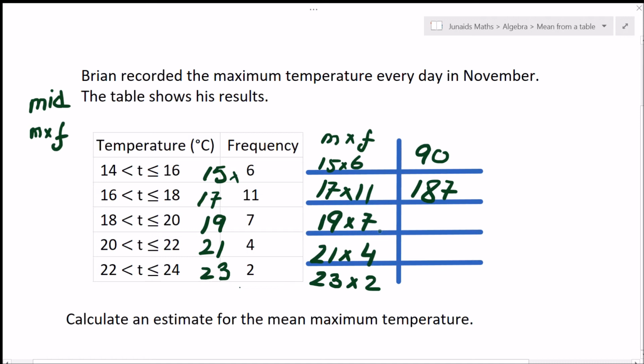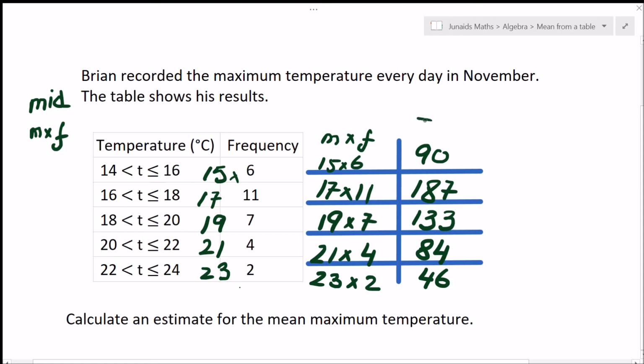The next one is 19 times 7, that is going to give us 133. And the next one is 21 times 4, that is going to give us 84. And then 23 times 2, which is going to give us 46.